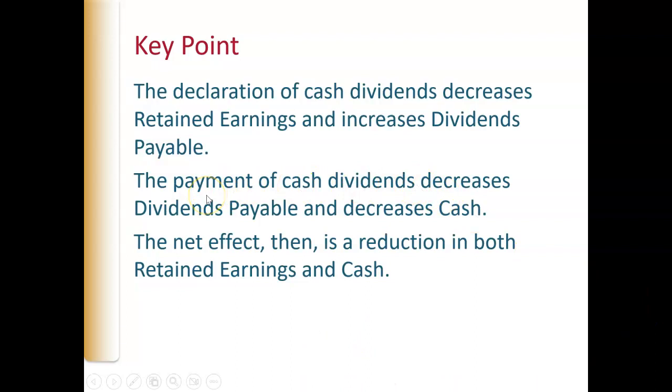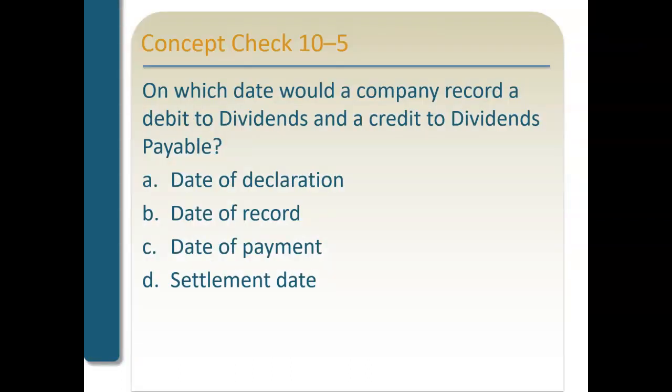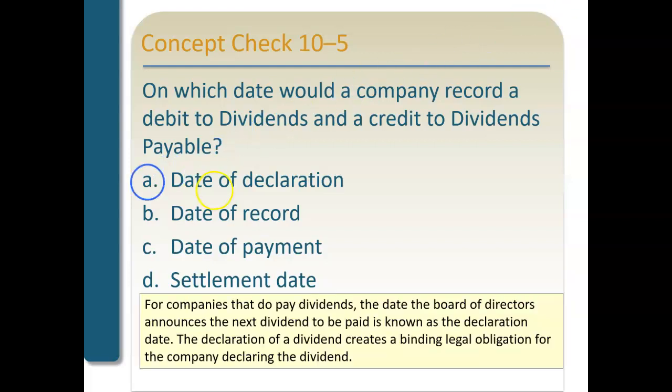Then when we actually pay the dividends, it decreases the liability and it decreases the cash, the asset. So guys, on which date would a company record a debit to dividends and a credit to dividends payable? Date of declaration.